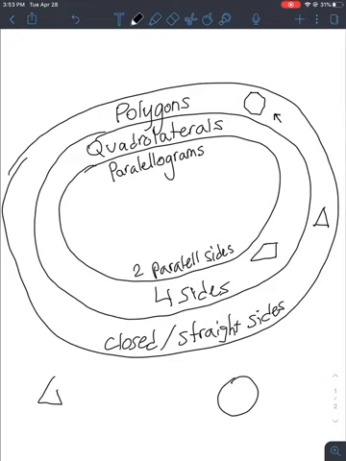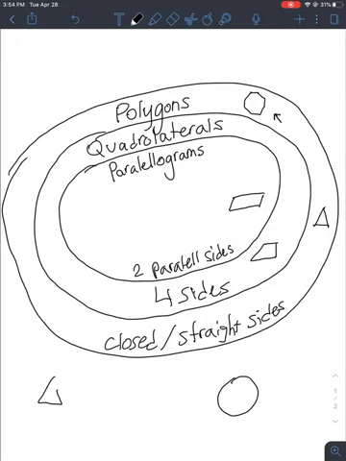So an example of this would be a shape like this. So the top and the bottom are parallel to each other, and then the right and the left are parallel to each other. So notice how the quadrilateral shape I drew, the top and the bottom are parallel, but the right and the left are not parallel because they're not heading in the same direction.